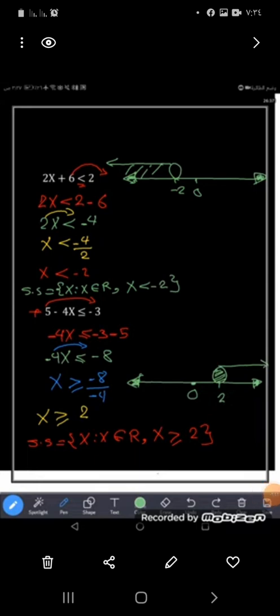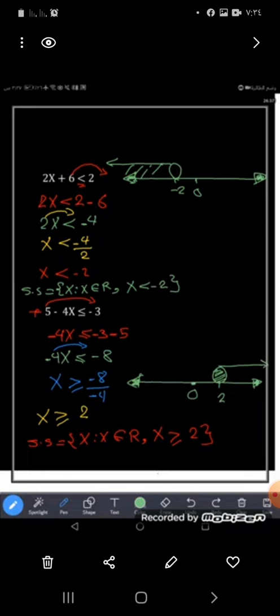Another example, inequality. Find the solution set for the inequality 2x plus 6 less than 2 and draw the number line representing by interval. Then we can say positive 6, put it on the other side by negative 6.